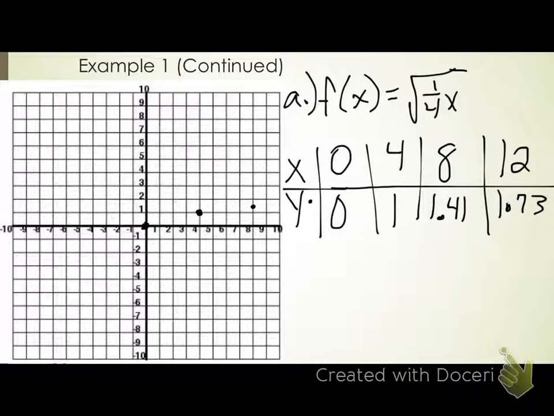At least somewhere in here. Now I can connect my points with a nice smooth curve. And there's my graph of f of x. Any questions there?